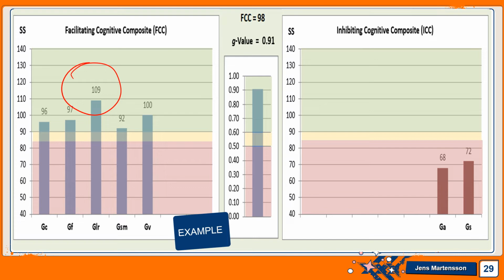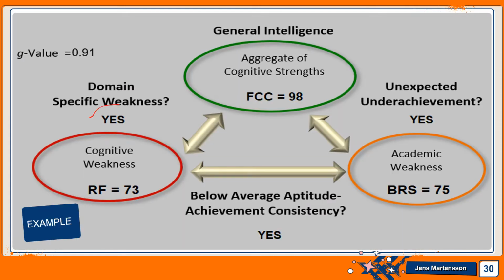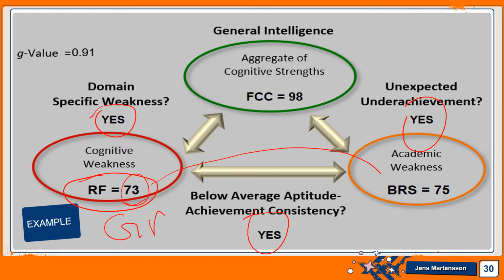Remember, the last one I counted it as a deficit, but he also had these deficits here. So let's find out what happened. I still got a yes, yes, yes. Okay, so even though, and again, I chose the retrieval fluency, GR, as the deficit corresponding to basic reading, I still got a yes, yes, yes.